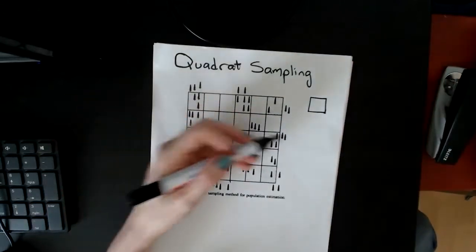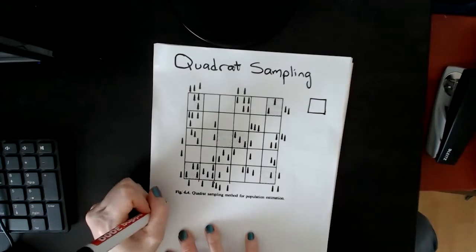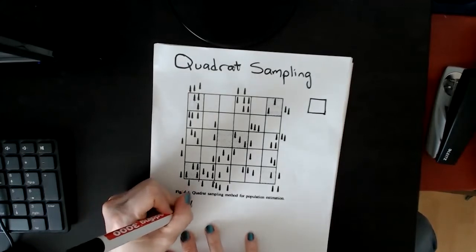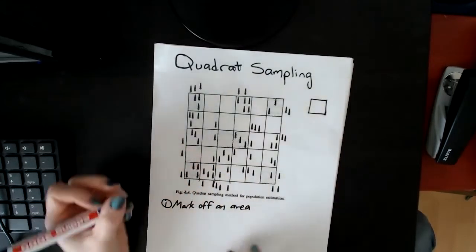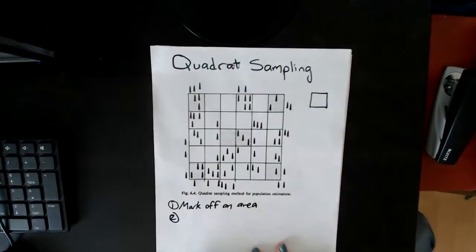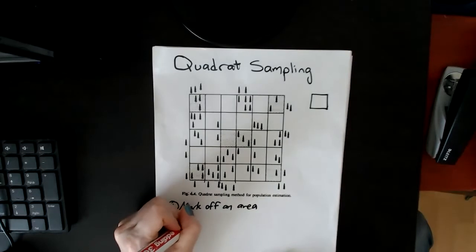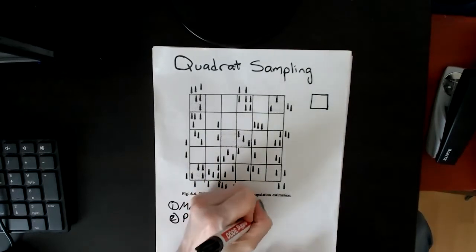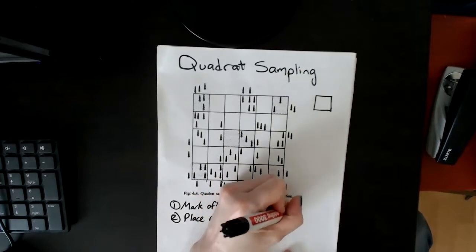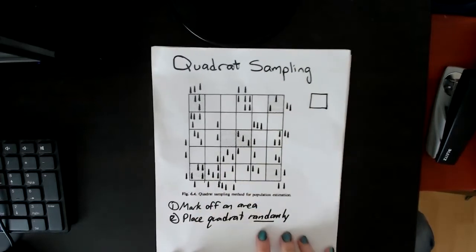So these are already graded, and then you would repeat that. The idea is that you mark off an area, and then you place the quadrat randomly. Randomly, keyword, okay? The idea is that it's random.